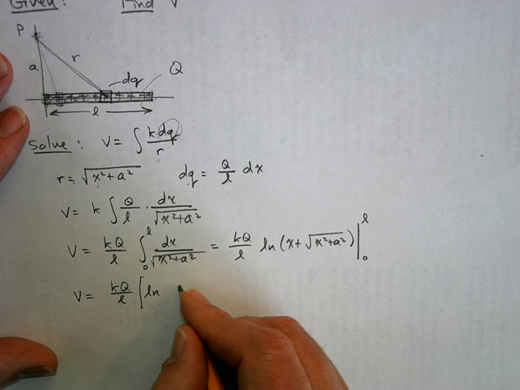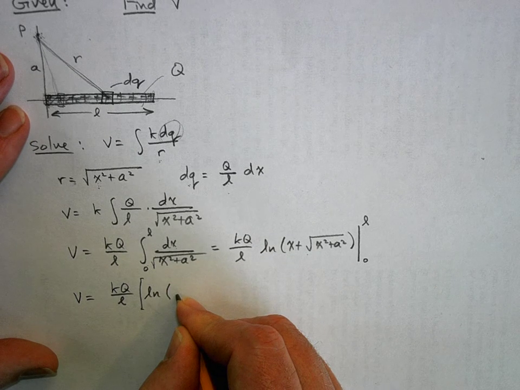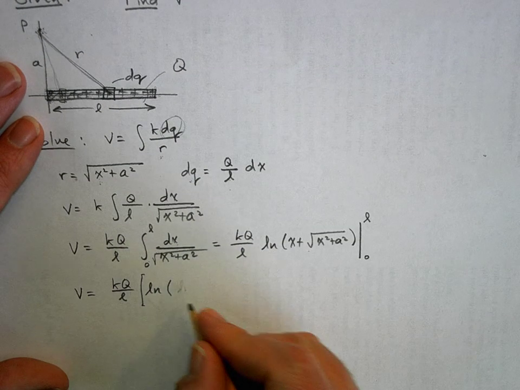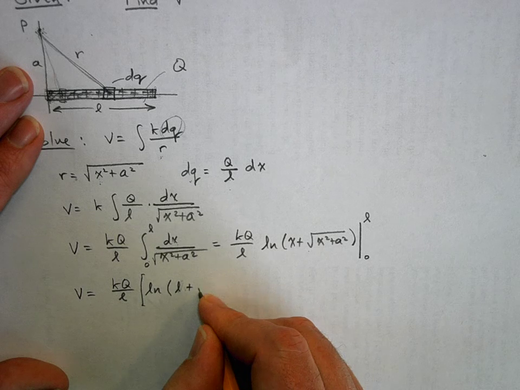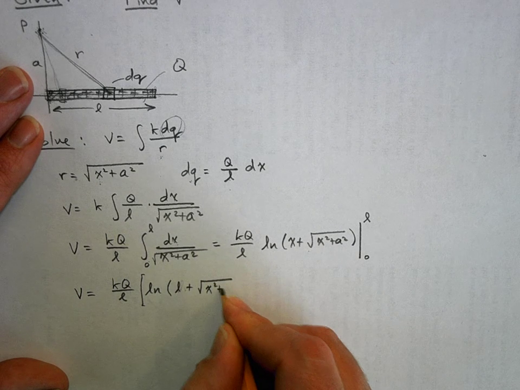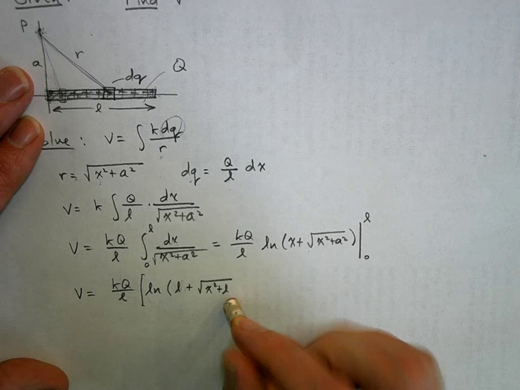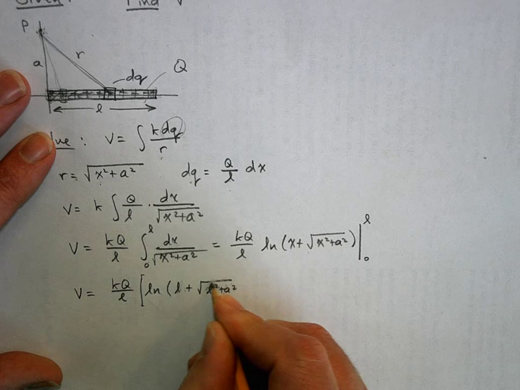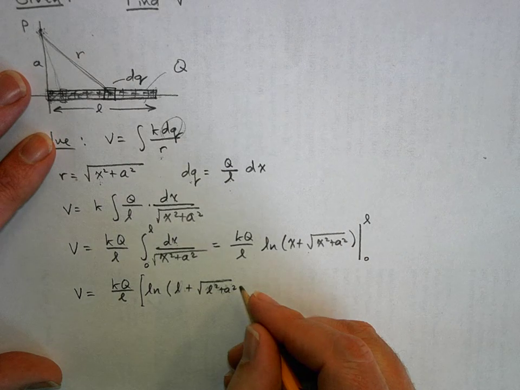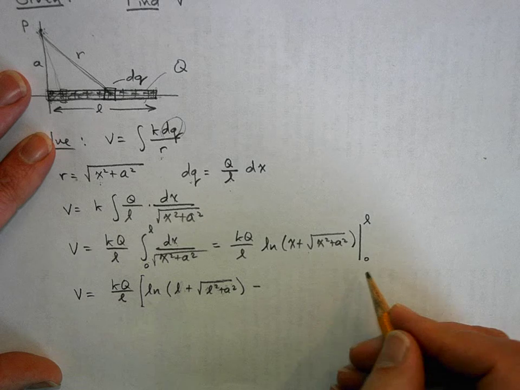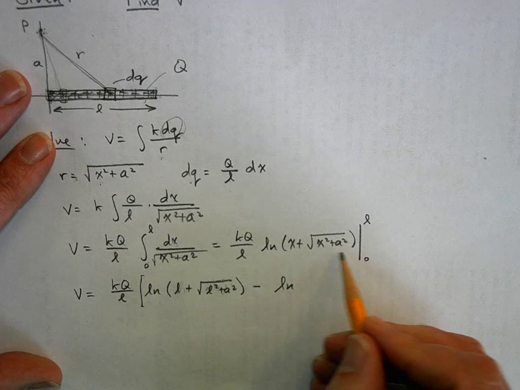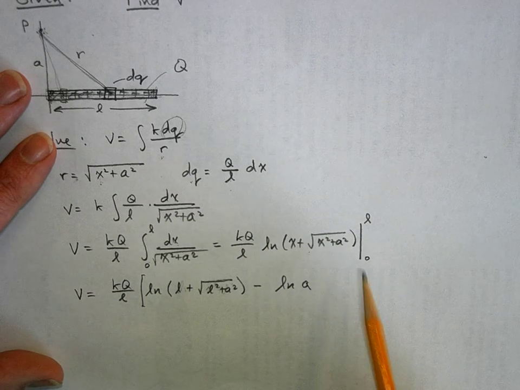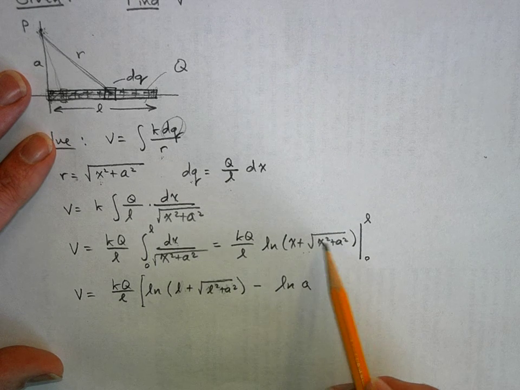So we got L plus the square root of L squared plus a squared, minus the natural log of, well, you put 0 in there, you get natural log of a, because you put in 0, you get 0, and the square root of a squared is a.